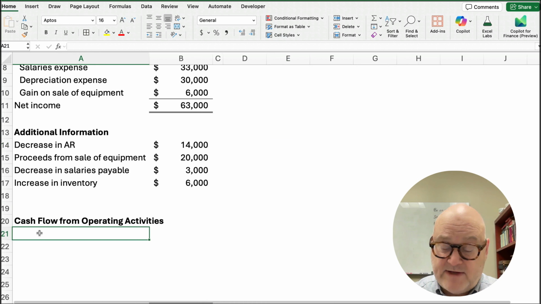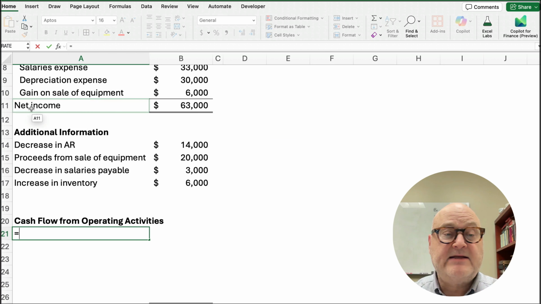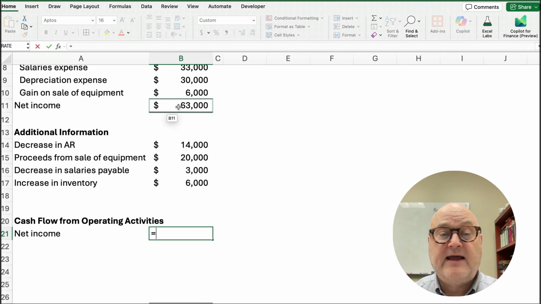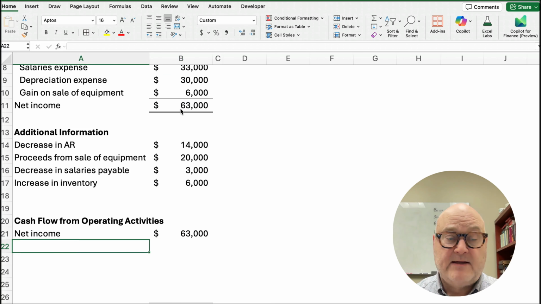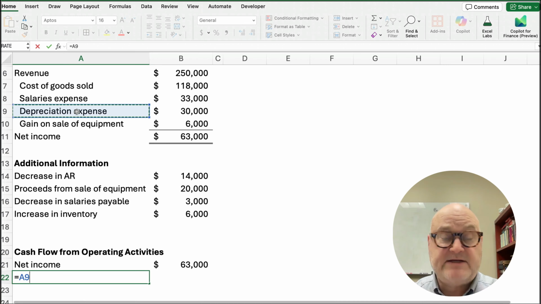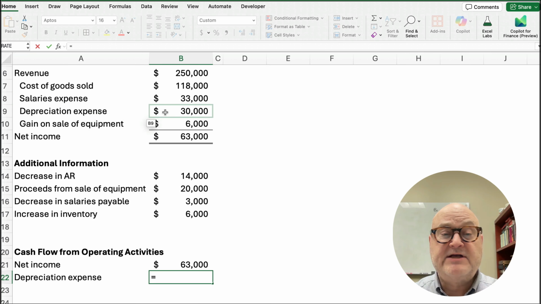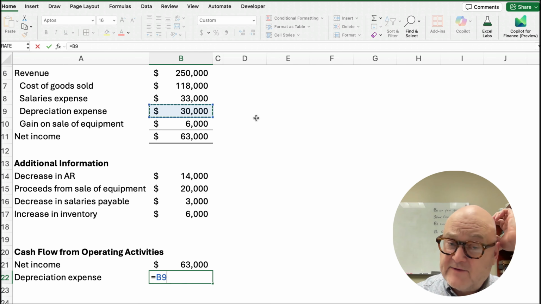We're going to start with net income. So I'm going to point to the net income, and we'll have 63,000 as our net income. Now we know we're always going to add depreciation. So just get in the habit of finding what depreciation is, and we're going to add that depreciation number of 30,000.